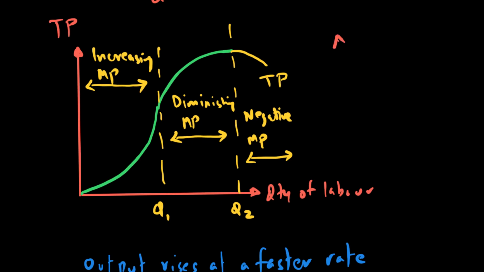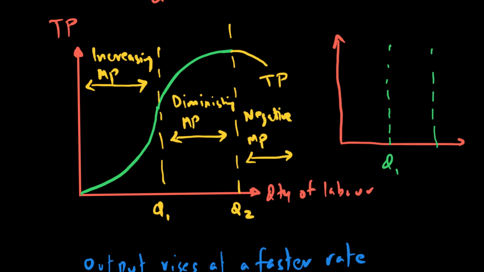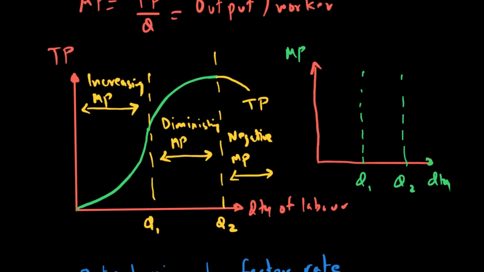Now, what that means would be that for 0 to Q1 workers, these are Q1 workers, and let's say this is Q2 workers, and this is my MP now, marginal product. Remember, we said it is the incremental or extra output when I hire one extra worker.